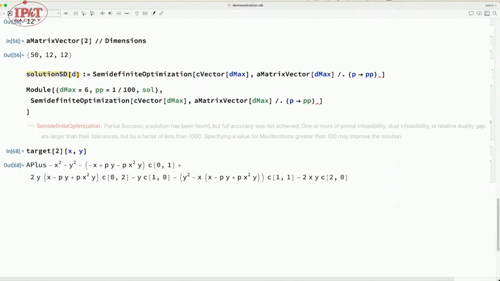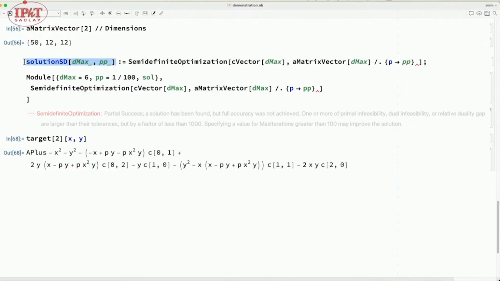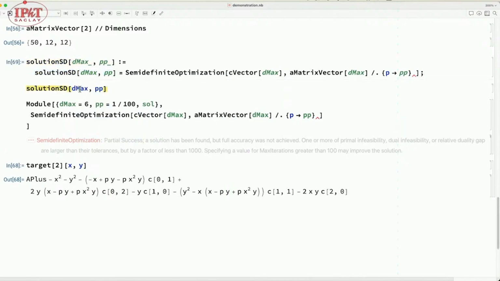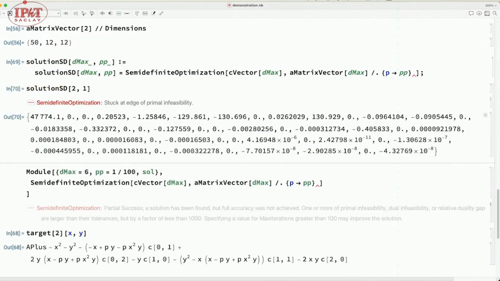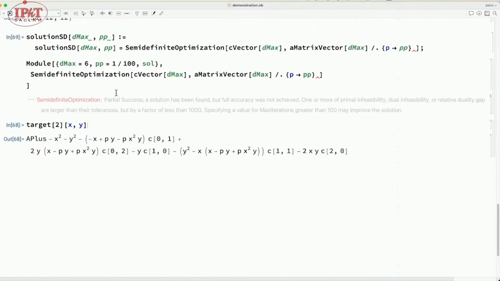It's something that depends on D max and the value of P. And now we need to take our function target and replace the unknown variables by the solution.